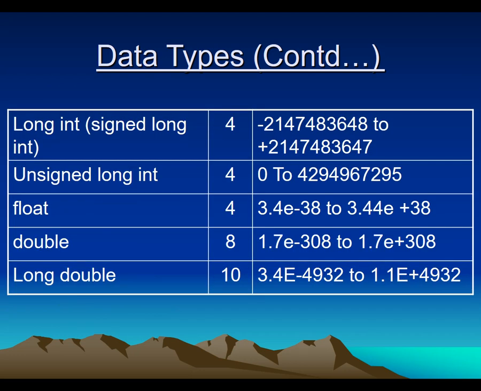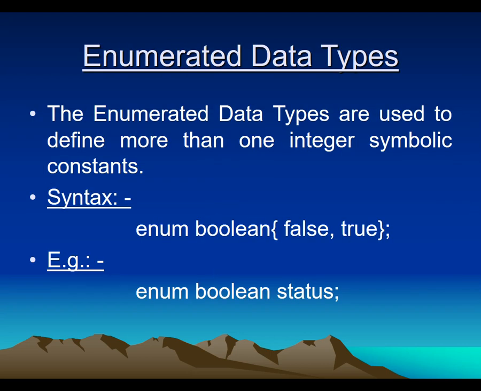Other extended data types are long integer, unsigned long integer, float, double and long double. There are even more advanced data types available in C, called the enumerated data type, which is generally used for declaring Boolean variables. Now what is the meaning of Boolean variable? Boolean variable means whenever there is a condition and based on the condition the nature of the variable is decided, that is called an enumerated data type, or you can say the Boolean data type.